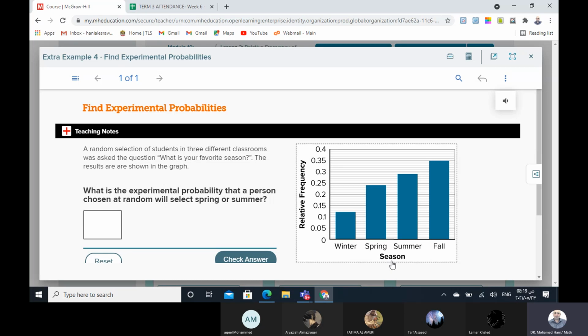As you see here, we have the seasons, and here we have the relative frequency, the type of the season: winter, spring, summer, and fall. We just want spring or summer. From all, I want you to try to find the relative frequency just for spring and summer. Start please and tell me what is your answer.